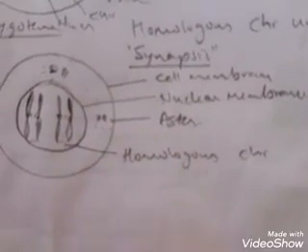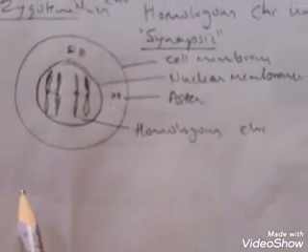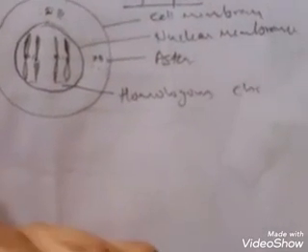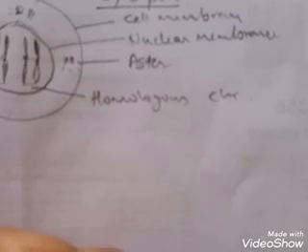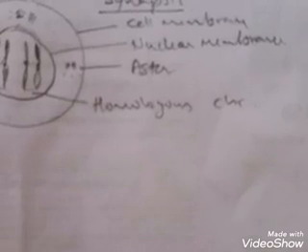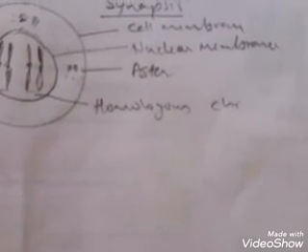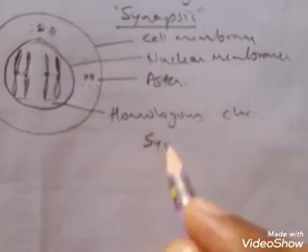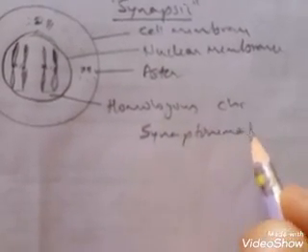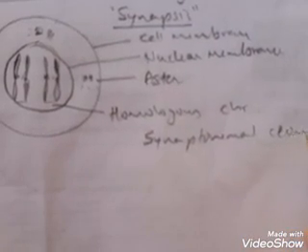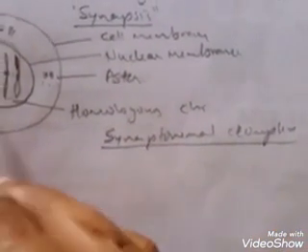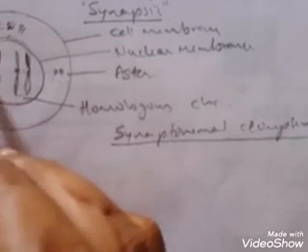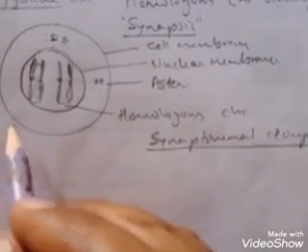So here in zygotene we observe that. In the next stage, the homologous chromosomes are held together to maintain their alignment by the synaptonemal complex. What do you call it? Synaptonemal complex. The synaptonemal complex is formed here to maintain the alignment between the two homologous chromosomes, right?